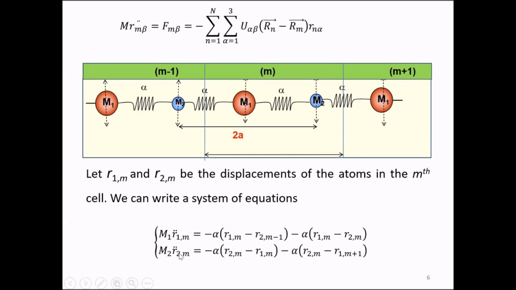So the second derivative of M2 in the cell M: it interacts with the M1 in the same cell, and it interacts with the M1 in the M+1 cell. If you understand the rule, you can write this equation easily.